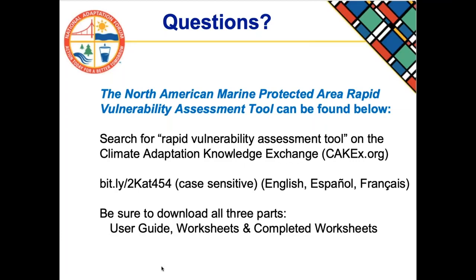Great. Any other questions out there? Yeah, another question is, what other resources are out there to support a rapid vulnerability assessment? As you know, if you search on the web for rapid vulnerability assessment or vulnerability assessment tools, there are a number of them out there.